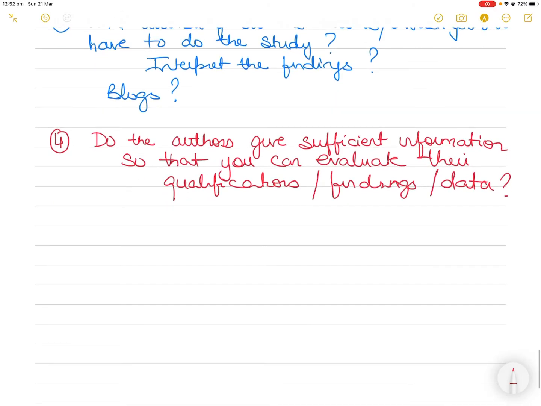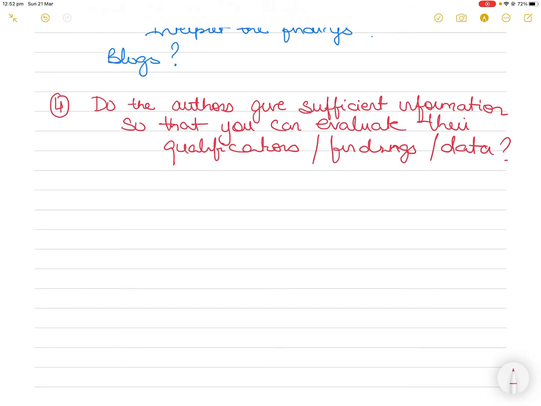They should provide you with all the information so that you can also make a scientific inquiry, and then make a scientific judgment whether you want to use this data or not, whether this data really is valid or reliable for citing in your research, right?